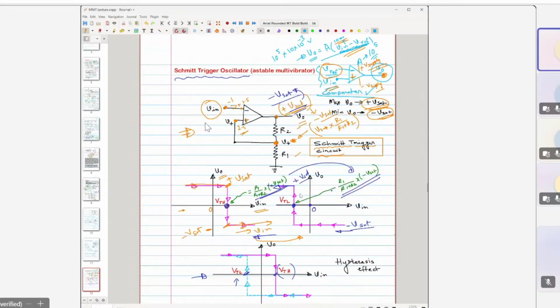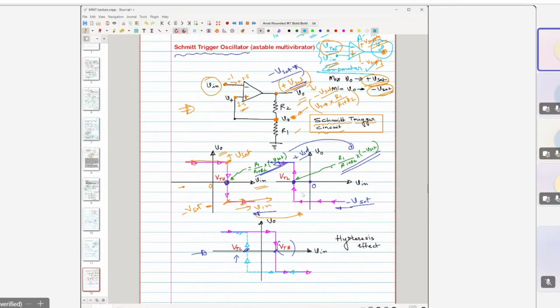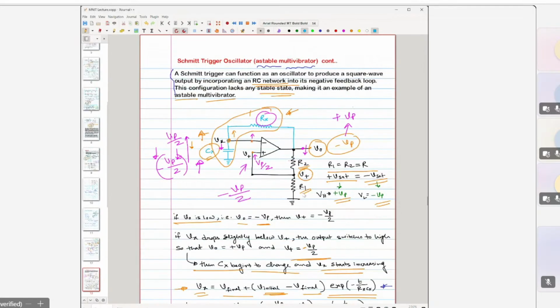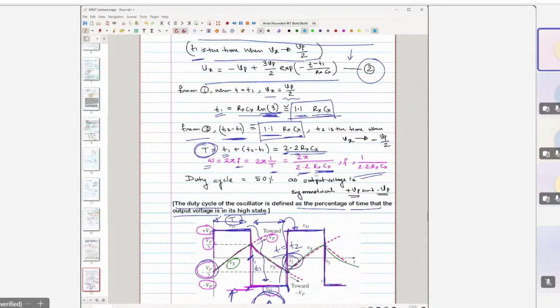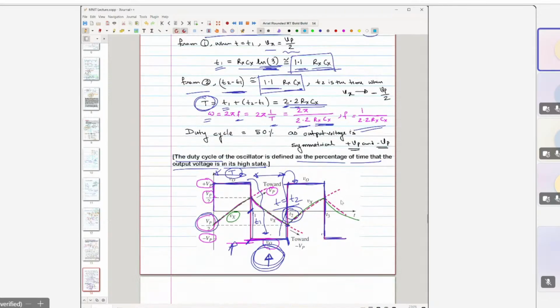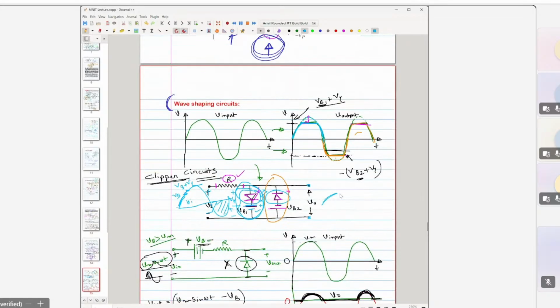We also briefly discussed the comparator, the Schmitt trigger, and using the Schmitt trigger, how to design a Schmitt trigger oscillator, which is also known as an astable multivibrator. We have done the detailed derivation, and also discussed in terms of waveforms how to design it.